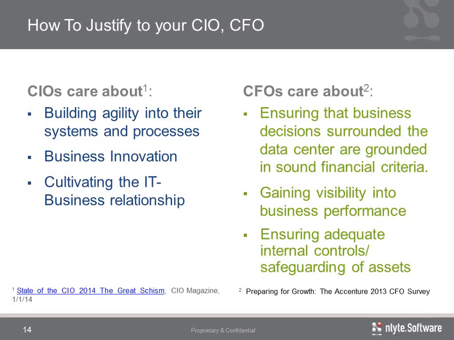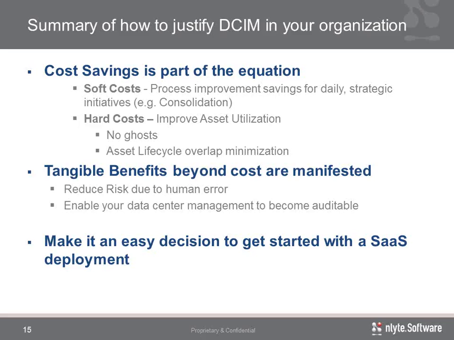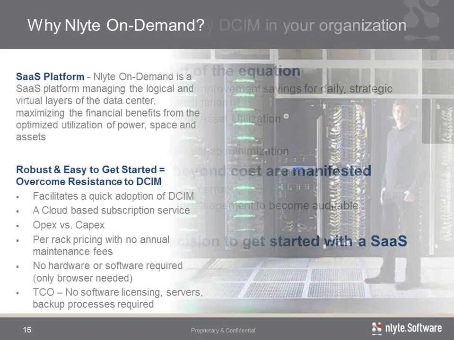The last bullet: it's an easy decision to get started with a SaaS deployment. When you start talking about deploying in the cloud, you want to have the ability to get full capabilities without an impact to your environment, but also realize the benefits associated with running in the cloud versus deploying the software in your environment.